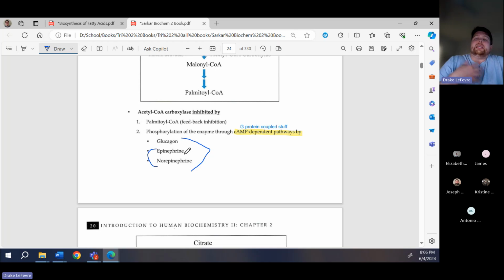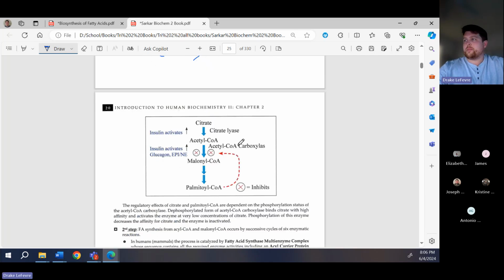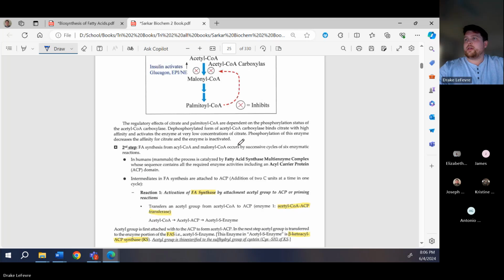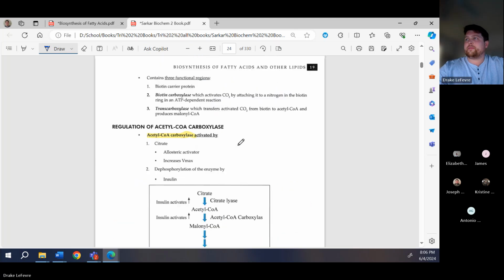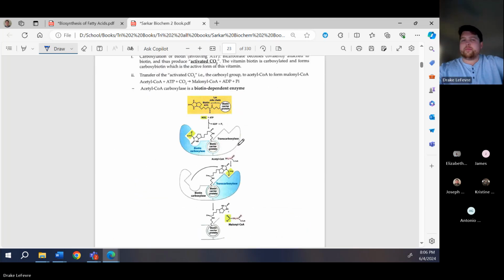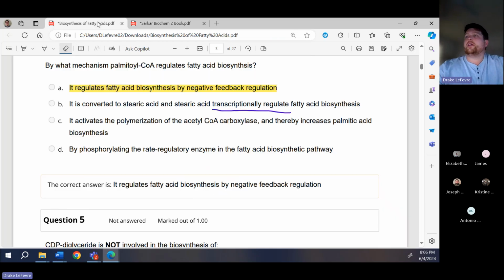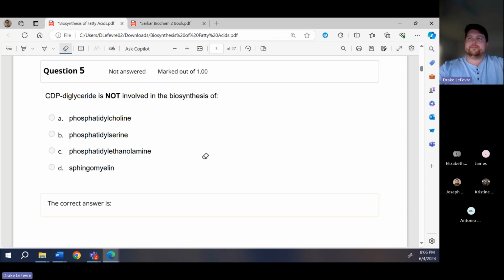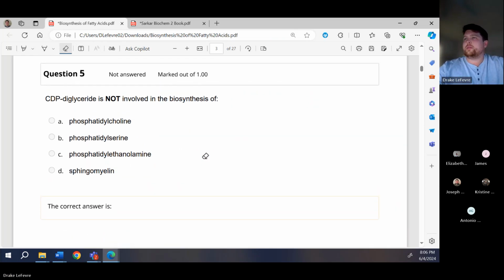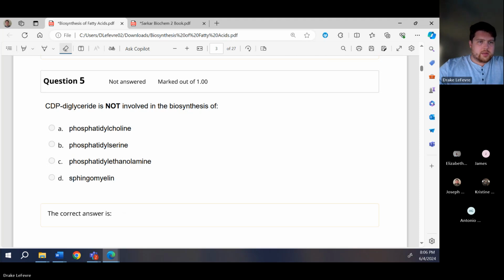And so we need our blood sugar to be going up. So there's no reason for us to be storing fat during that time when we need our blood sugar to go up. Makes sense? Okay. Next question.